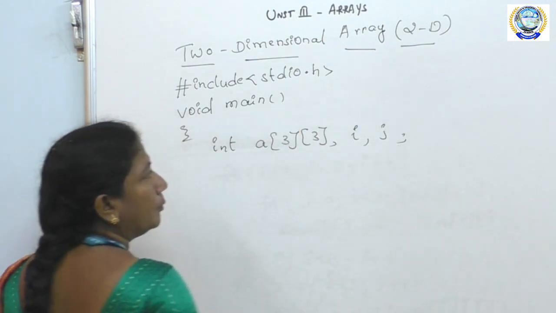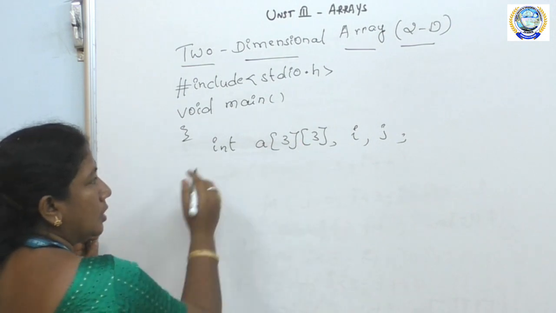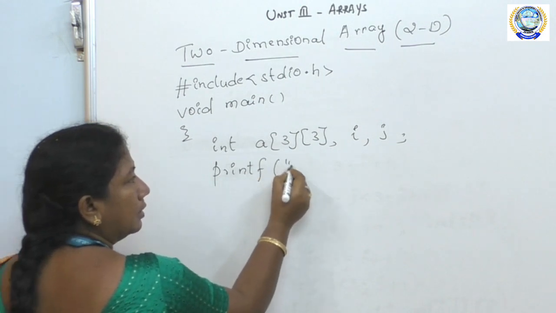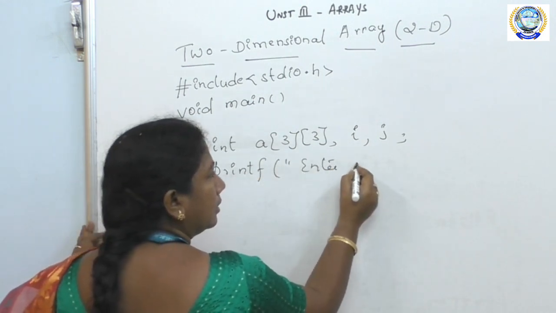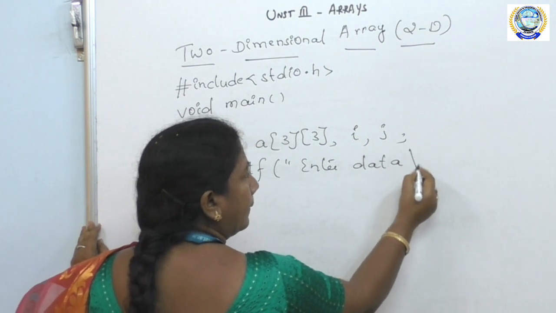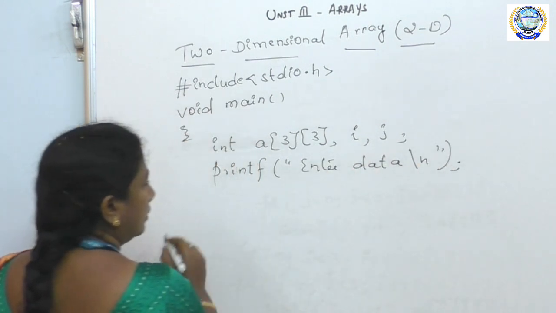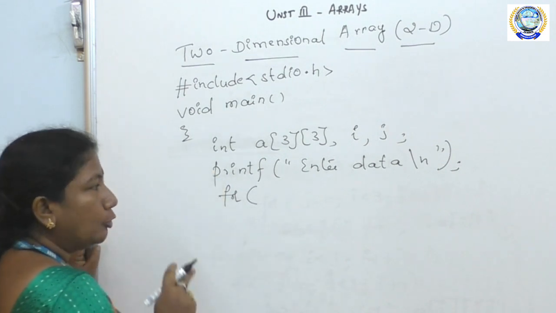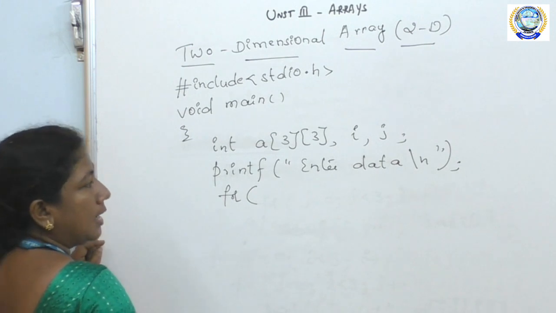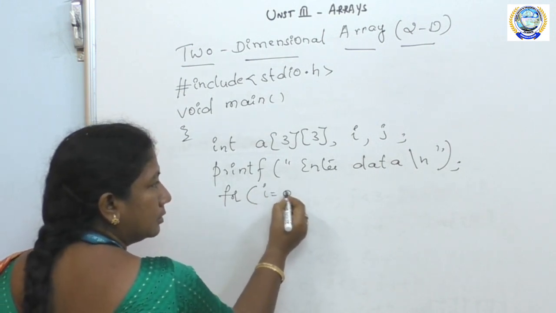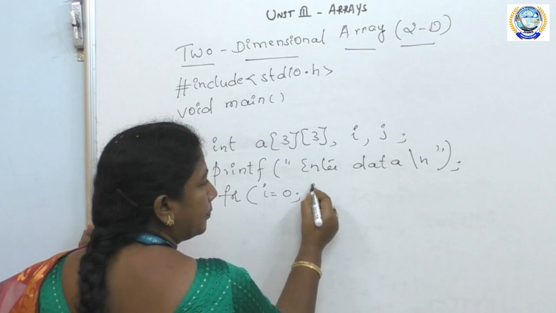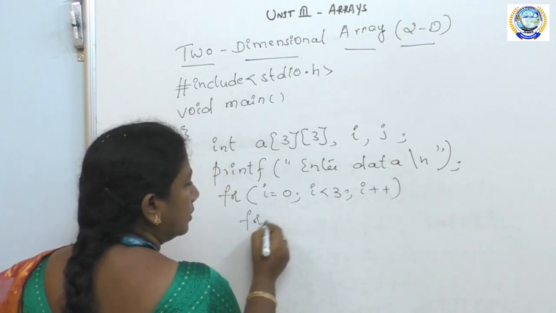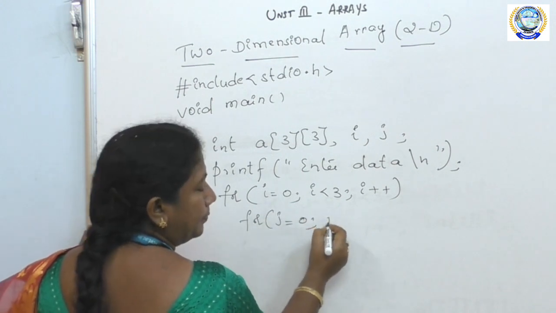Here I am taking a 3 by 3 matrix. So, for that, printf("enter data"). Next, for taking the data, I have to maintain two for loops for the two-dimensional array, one for row representation and another for column representation.